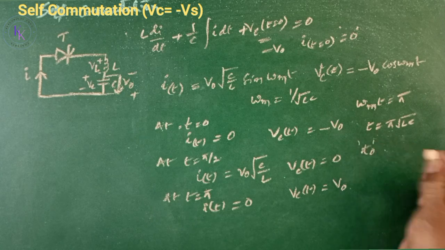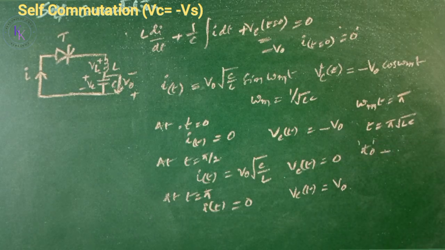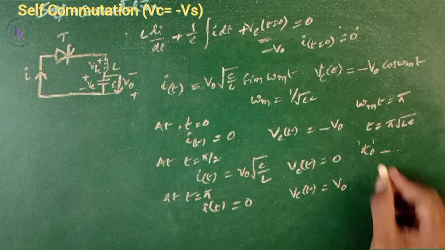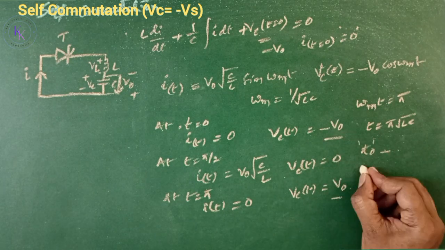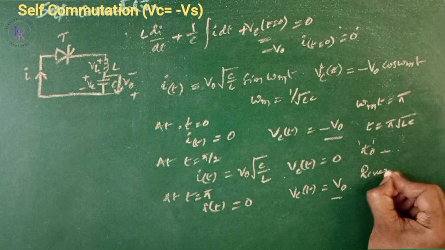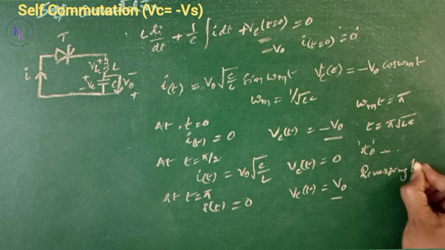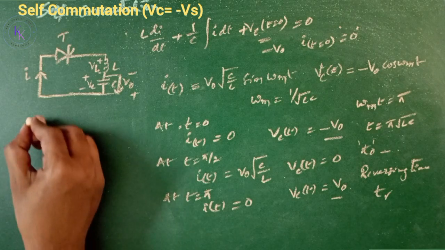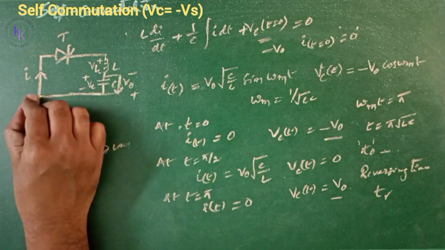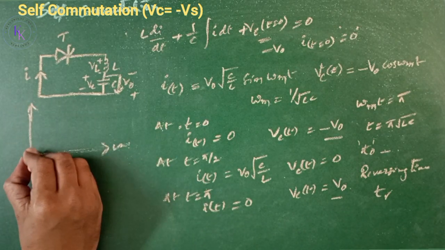which is nothing but the time taken to turn off the thyristor, or the commutation time of the circuit, and which is reversing the voltage from minus V0 to V0. So it's also called the reversing time, and is represented with tR. Now we'll see that. At 0, the current is 0.